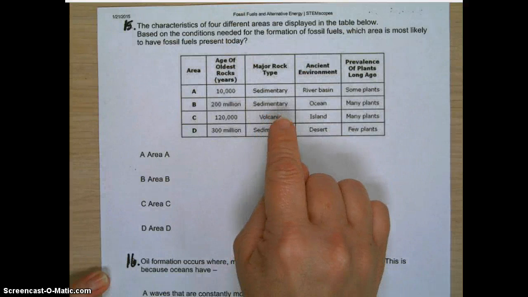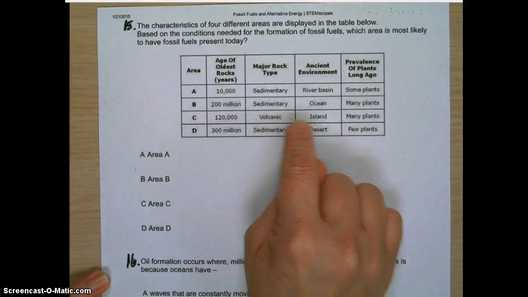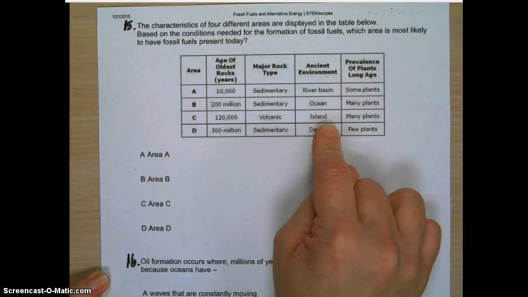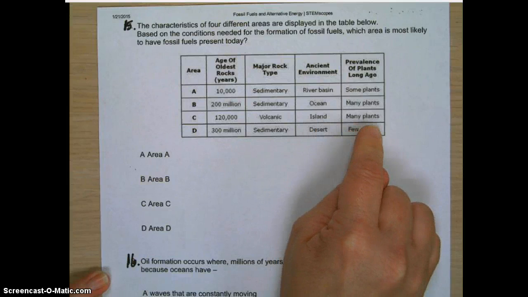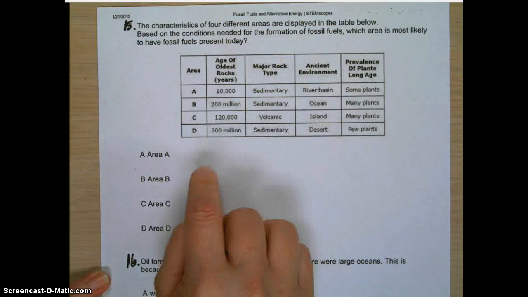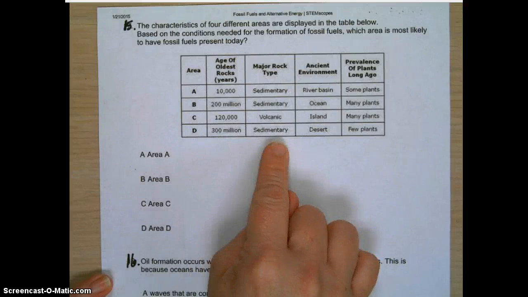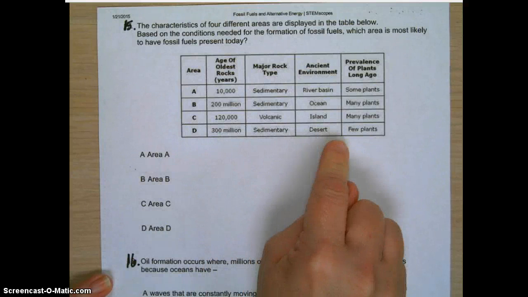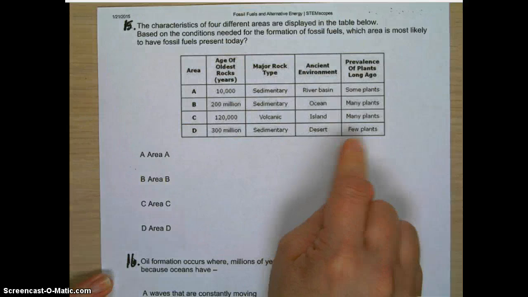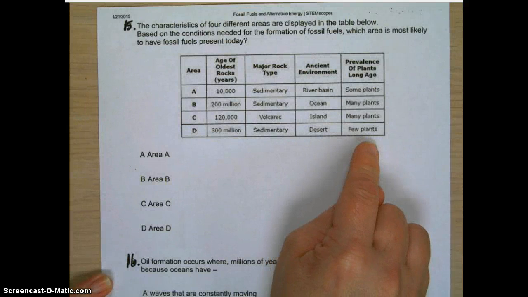The major rock type is volcanic. The ancient environment was an island, and long ago there were many plants. Area D, 300 million years old rocks. The major rock type is sedimentary. The ancient environment is desert, and the prevalence of plants long ago was few.